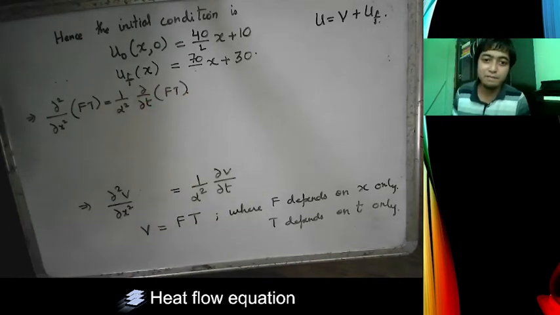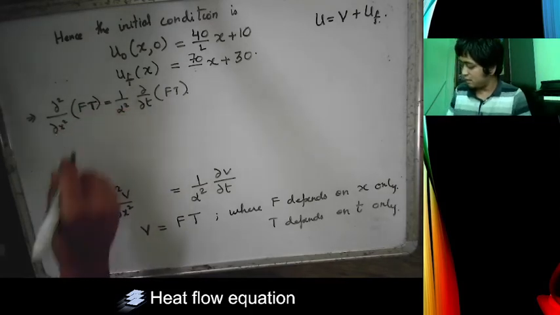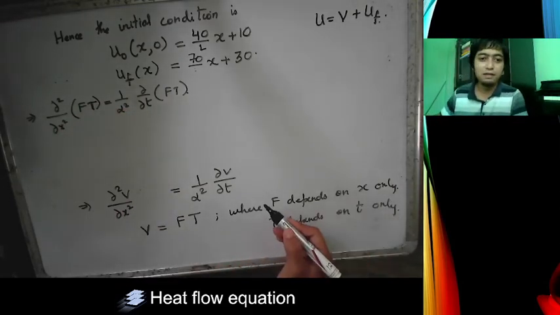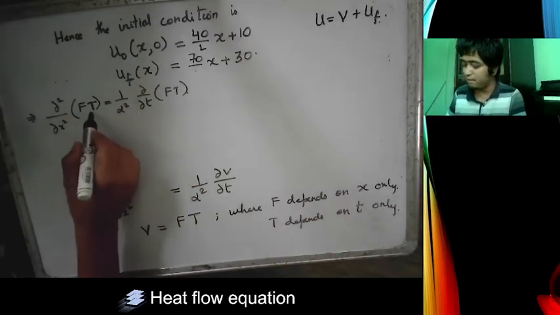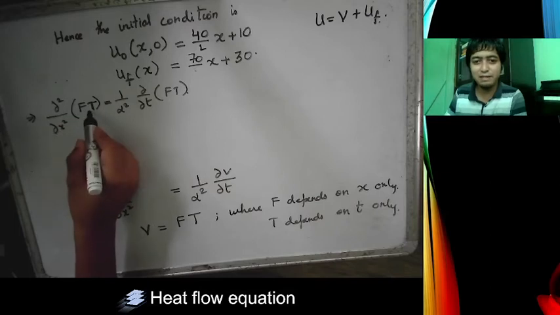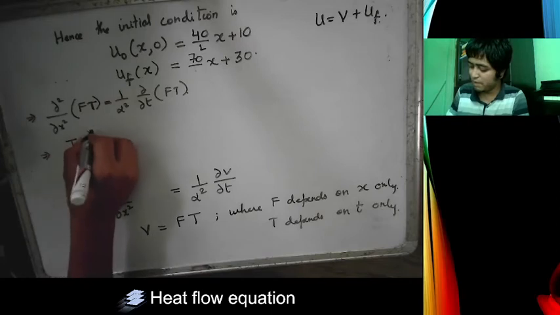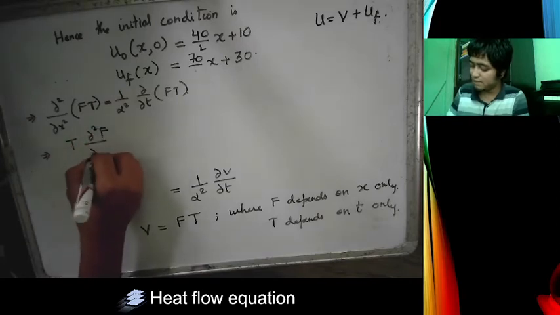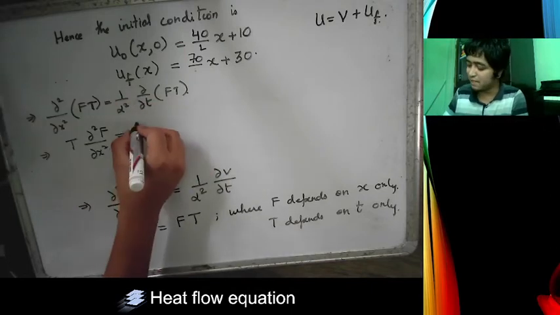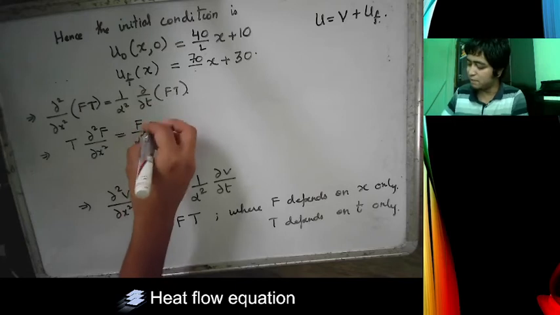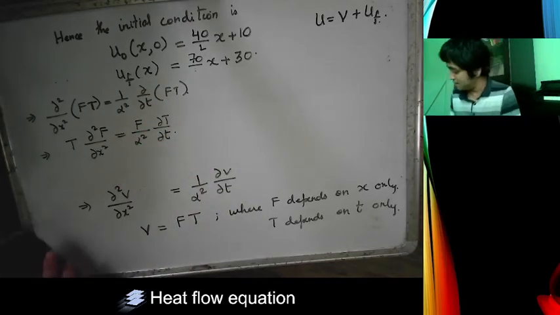But f depends on x only and T depends on t only. So what can we do? If we take the partial derivative with respect to x, T will be treated as a constant because it depends on t only. Similarly here, f does not depend on t, so you can take it outside. It behaves as a constant with respect to t. So we'll be having this.